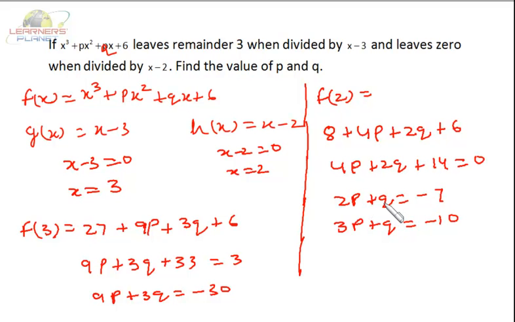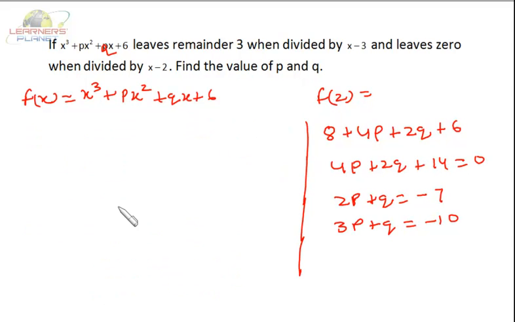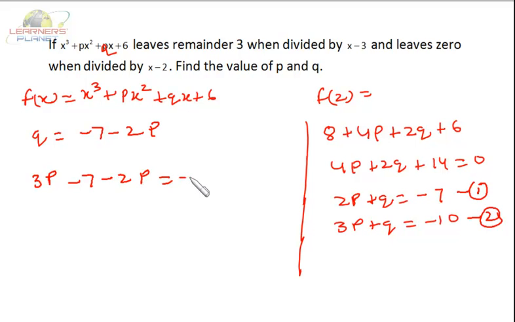Let's see how we calculate it. Here 2p plus q is minus 7 and 3p plus q is equal to minus 10. So we can calculate the value of q from the first expression and put the same value of q in the second. So q is equal to minus 7 minus 2p, and putting it in the second equation, 3p plus minus 7 minus 2p is equal to minus 10.